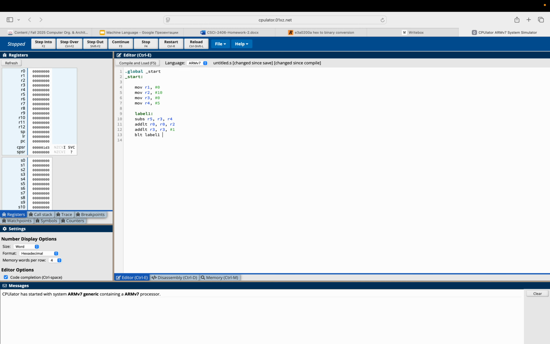Basically what it does so far is that if R3 is not more than R4, then the branch goes back to label 1.